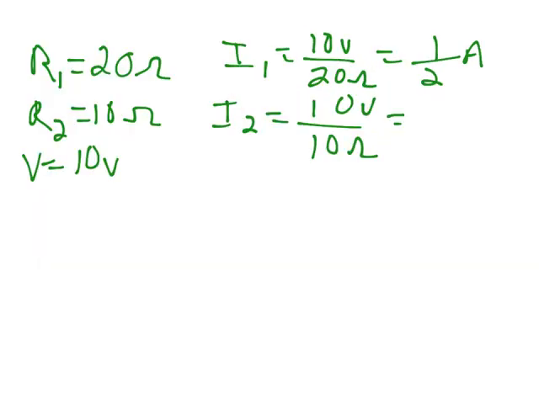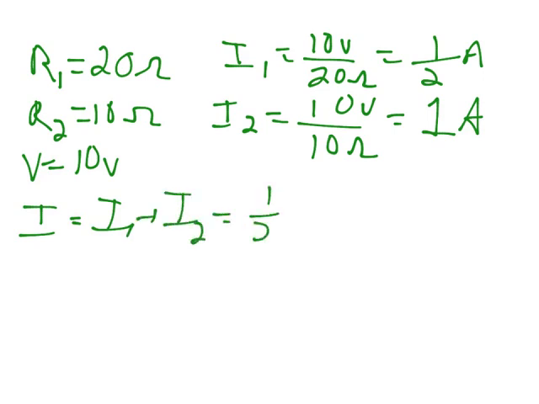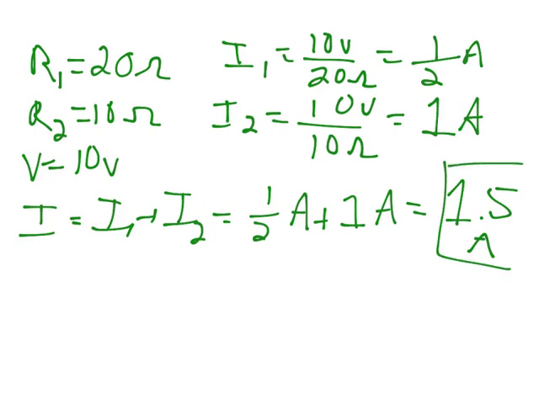So that would be 1 amp. So we have I is equal to I1 plus I2, which is equal to a half amp plus 1 amp, which is equal to 1.5 amps.